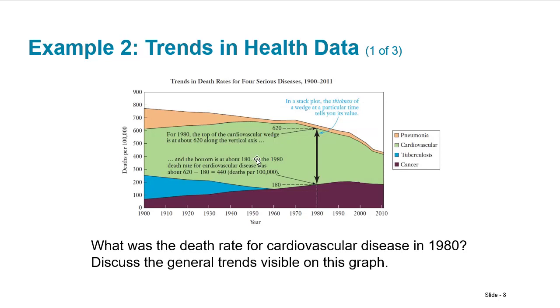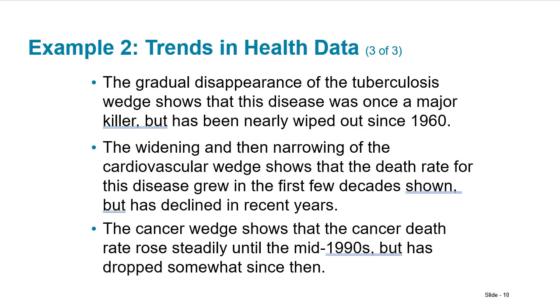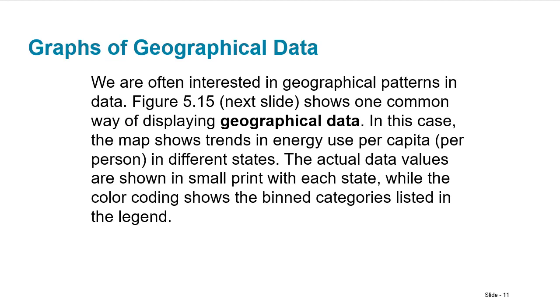I'm also not a fan of stack line graphs, because again, it's hard to figure out what the totals are, what each zone represents. So I would avoid those if you can, because I don't think they're easy for the average reader to understand.